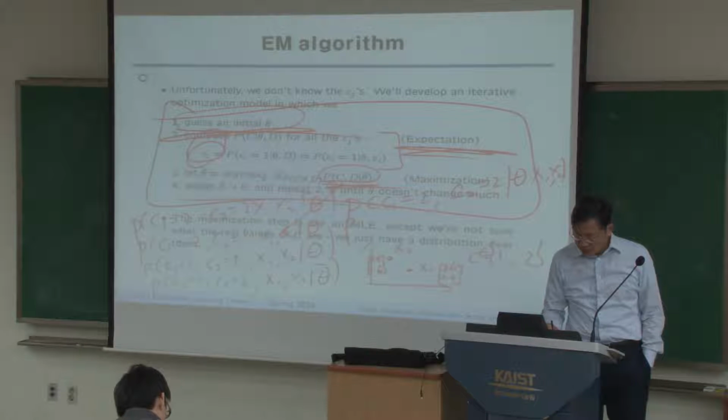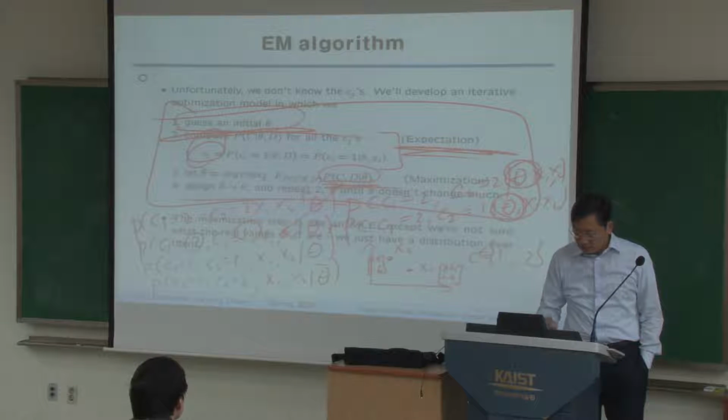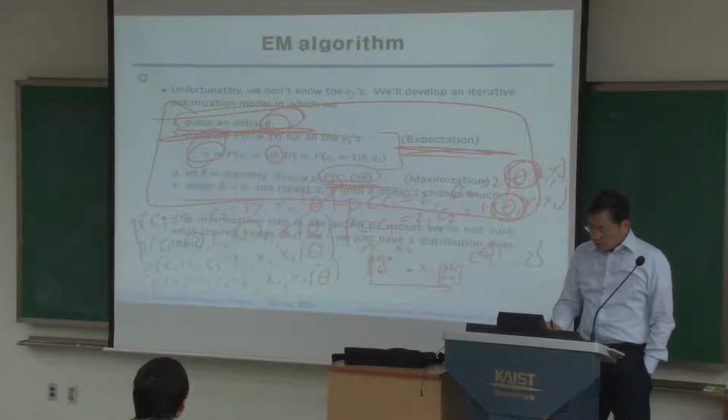So I multiply that by the probability of C1 equal 2, C2 equal 1, given theta, x1 and x2. By the way, theta is the initial guess. This is the guess. So I could do that for that one also.